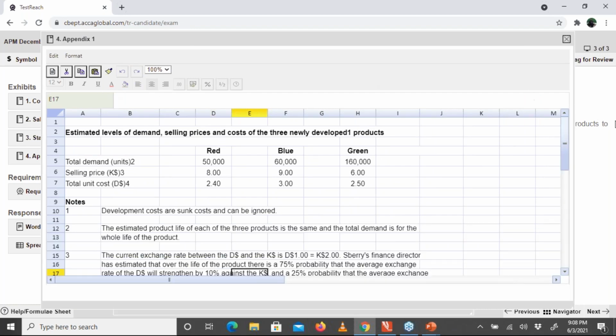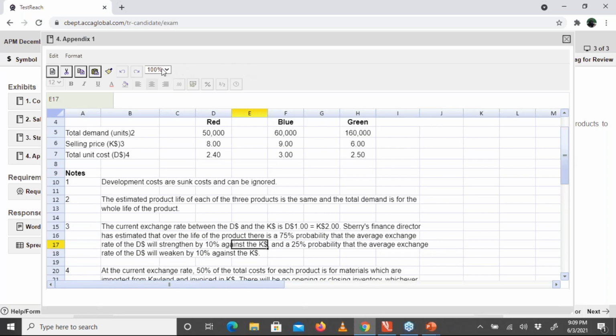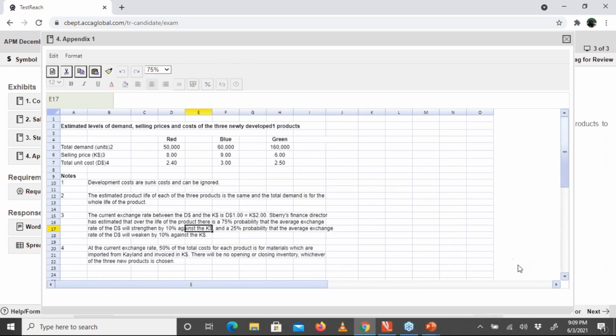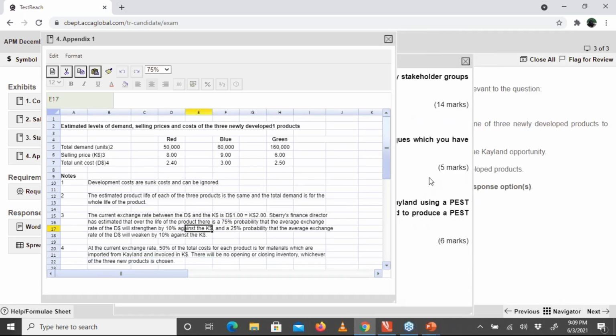I'm giving you 5 minutes to see what you can do, using the 2.2 rate and using the 1.8 rate.